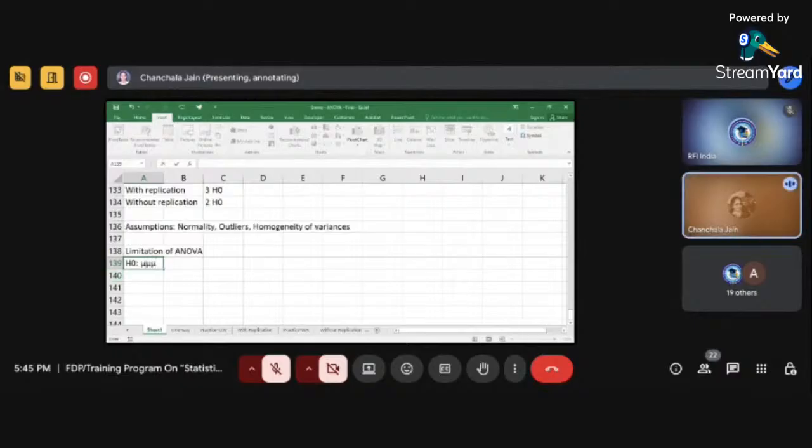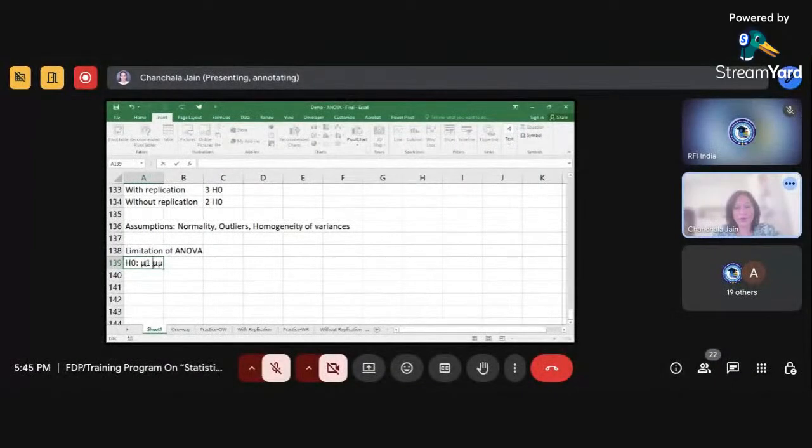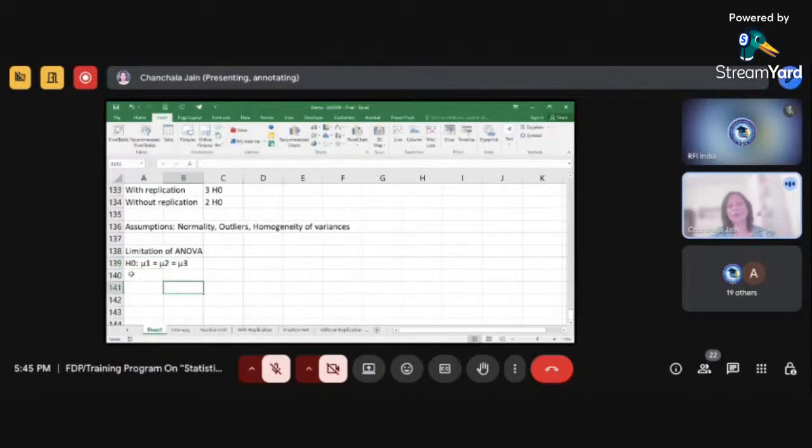So I have written here mu1. This will be my null hypothesis: there is no significant difference in the mean of 3 groups. That means all the means are similar. Yes or no?